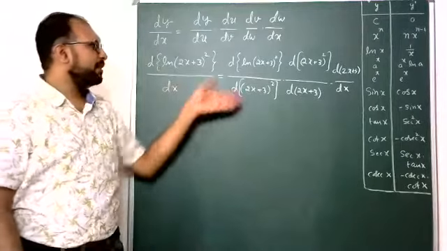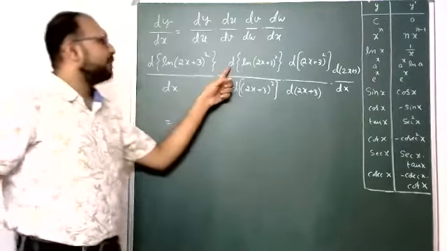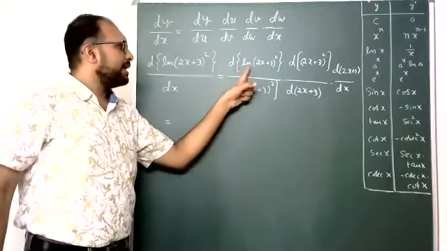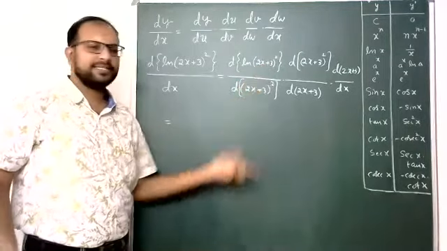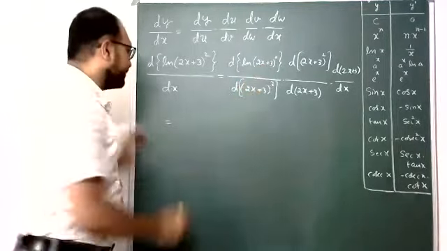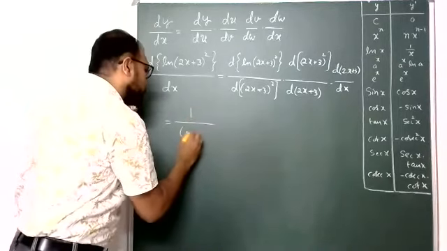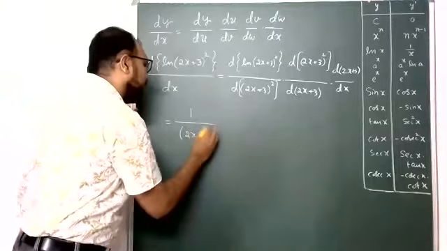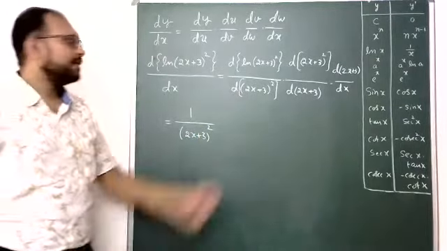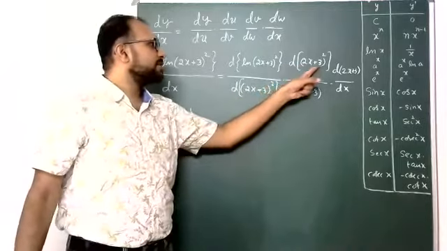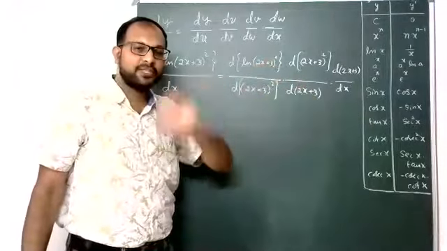Yes, now one by one. First link answer: the derivative of ln of this complete thing, which means indirectly it is x. The derivative of ln x is 1 by x, but here x is (2x plus 3) whole square. Second, the derivative of (2x plus 3) whole square with respect to 2x plus 3, not with respect to x now.